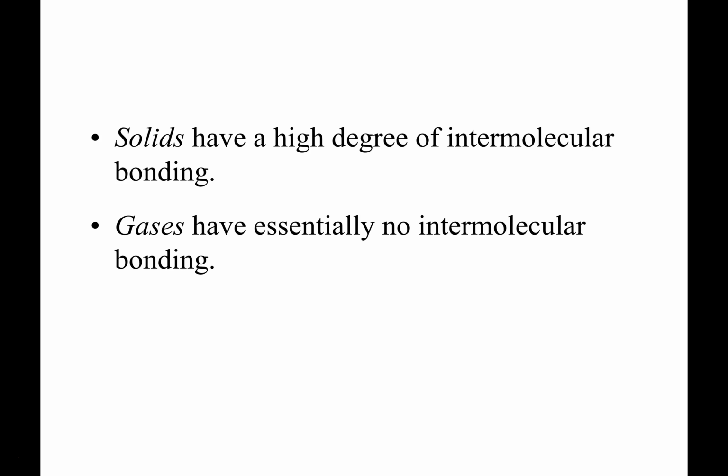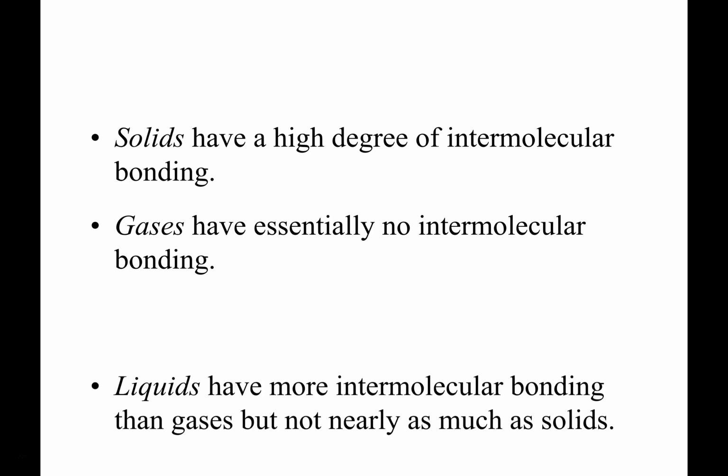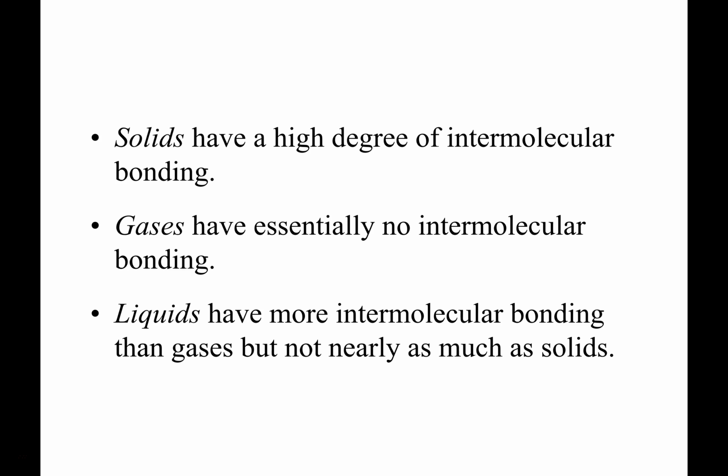Solids have a high degree, or lots, of intermolecular bonds. Gases, if they're behaving ideally according to the ideal gas law equation, have no intermolecular bonds. We're going to see that in one of my favorite videos coming up again. And liquids are somewhere in between. So be thinking of these dot, dot, dots between the molecules.